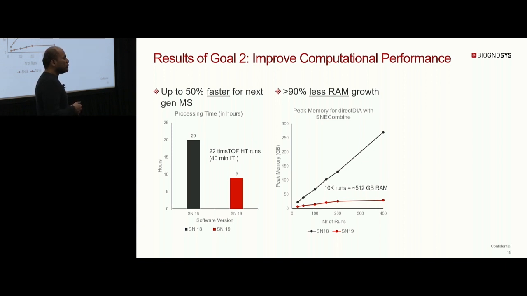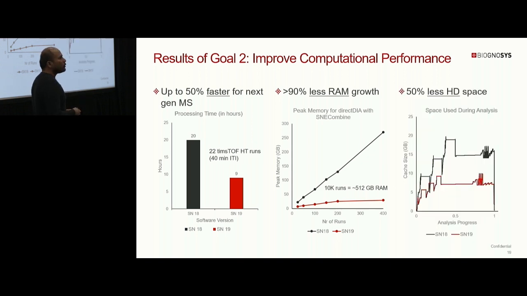And based on our calculations, you can do a 10,000 direct DIA experiment and be less than roughly half a terabyte of RAM. There's more particular aspects to this, but you can reach out to us to find out more about it. And we also improved the amount of space, the scratch space that Spectronaut uses to do your analysis.